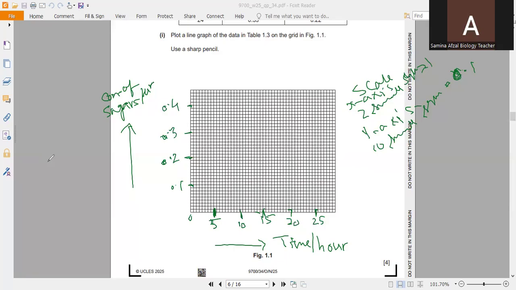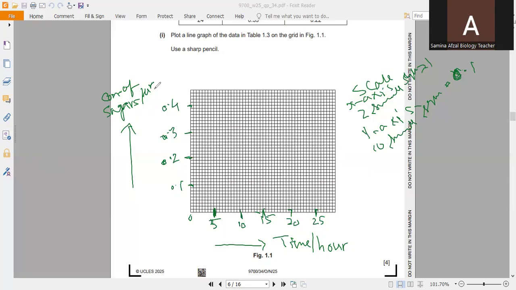The first curve we are going to draw is for leaves.